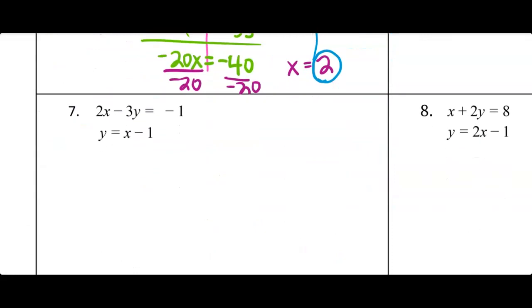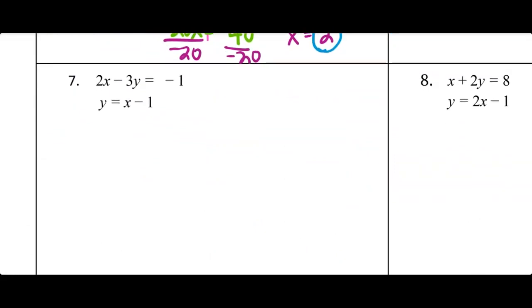Now let's take a look at number 7. Once again, we see that the bottom equation now is solved for y. So we are going to take our x minus 1 and plug it into the first equation for y. So we get 2x minus 3 times (x minus 1) equal to negative 1.